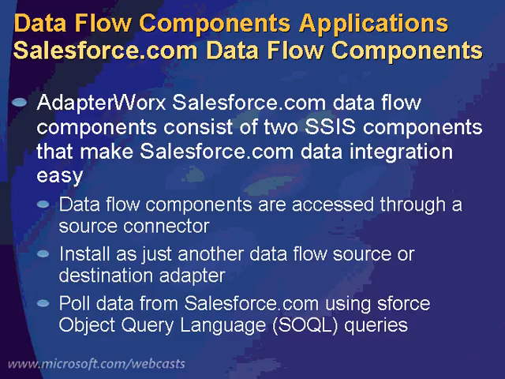The data flow component that AdapterWorks built basically consists of 2 components, a source component and a destination component. And it pulls data from Salesforce.com using a specific language that Salesforce.com exposes, known as Salesforce Object Querying Language. And we're going to go into a demo right now to see how exactly that works.